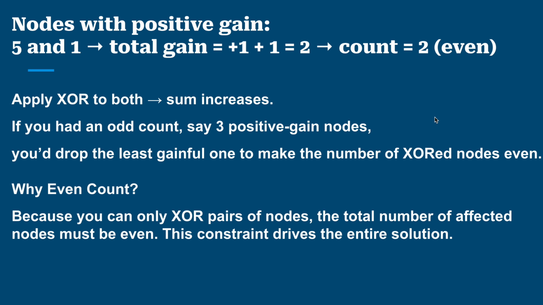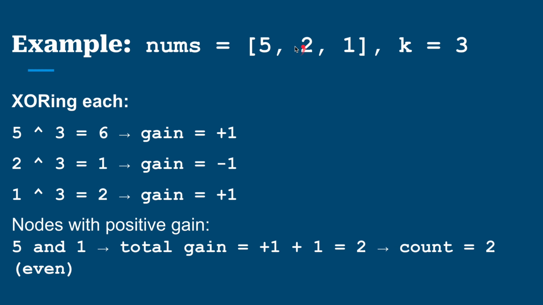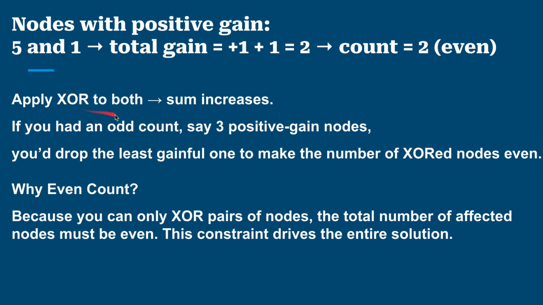Okay, I think you have understood, right? If you try to operate on these, how many counts do we have? Two. So we apply the XOR to both and the sum increases.